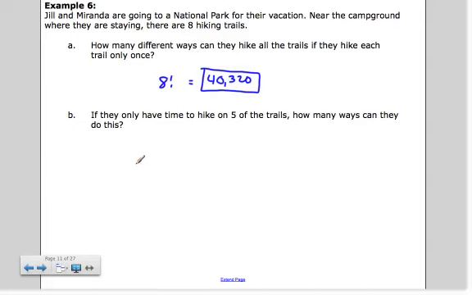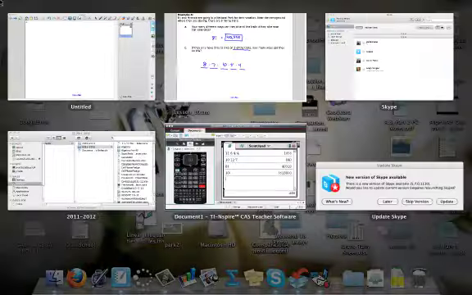If they only have time to hike on 5 of the trails, how many ways can they do this? Well, let's see what this means. We only have 5 slots, but in the first one they have 8 different choices to choose from. In the next one, they only have 7 choices since they've already gone down 1. Then they have 6 choices, 5 choices, and 4 choices, which would be 8 times 7 times 6 times 5 times 4.